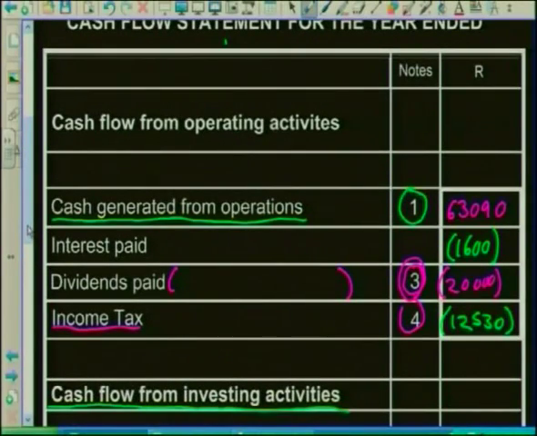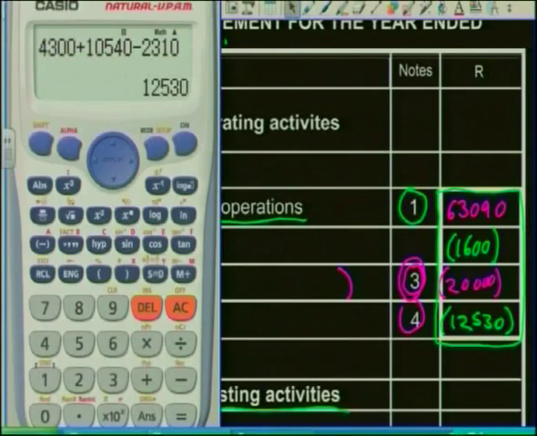Let's now work out our cash flow from operating activities. Remember guys, this is in a block. So I can now calculate the first part, the main section of my cash flow statement. Let's get our calculators out. We've got an amount of 63,090. We then subtract the interest, 1,600. We then subtract the dividend that was paid, 20,000.